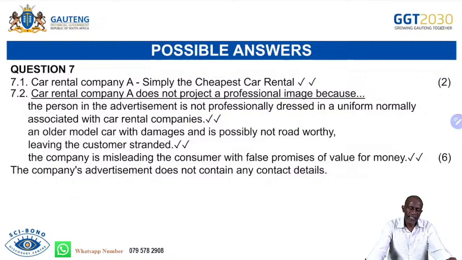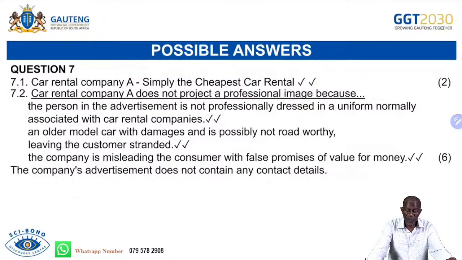7.1, the most appropriate car rental company would be car rental A, simply the cheapest car rental. 7.2, car rental A does not project a professional image because the person in the advertisement is not professionally dressed in a uniform associated with a car rental company. An older model car with damages and is possibly not roadworthy, leaving the customer stranded.